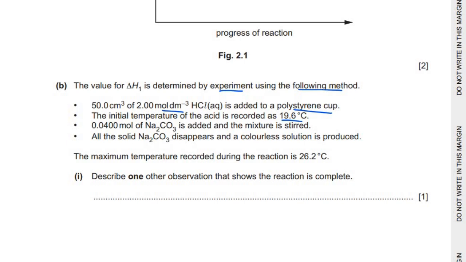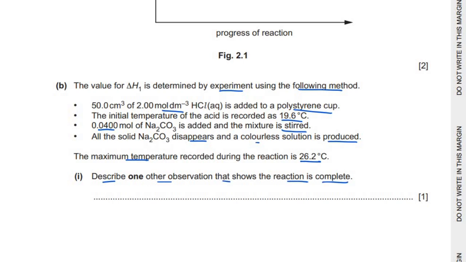In that hydrochloric acid solution, 0.04 moles of sodium carbonate is added, and the mixture is stirred. All the solid sodium carbonate disappears, a colorless solution is produced, and the maximum temperature is recorded as 26.2 degrees Celsius. Now describe one other observation that shows that the reaction is complete.